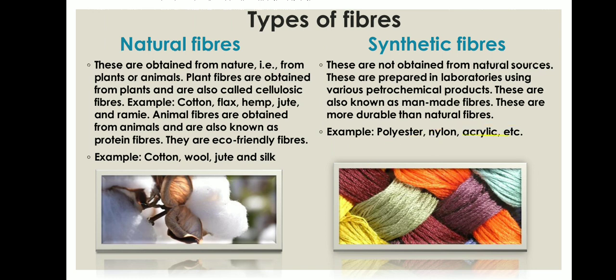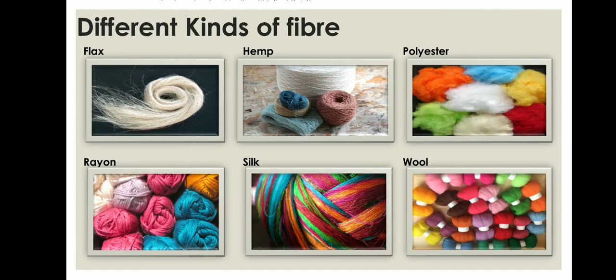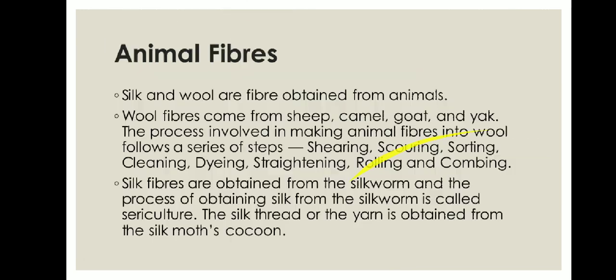Now let's go with the different kinds of fibers. See here, flax, hemp, polyester, rayon, silk, wool are the different kinds of fibers. Now, animal fibers. Silk and wool are fibers obtained from animals, so are known as what? Animal fibers.